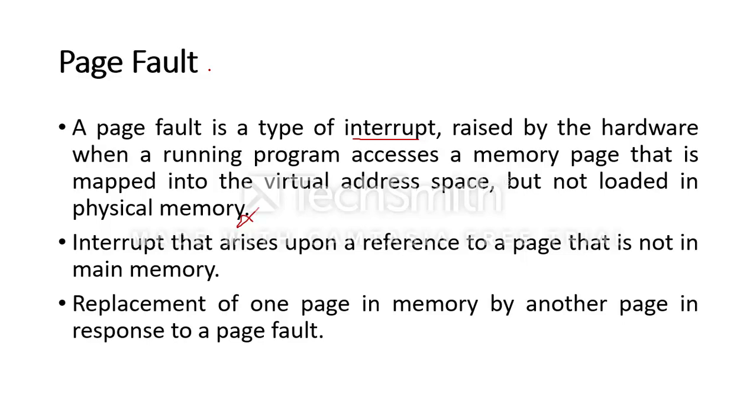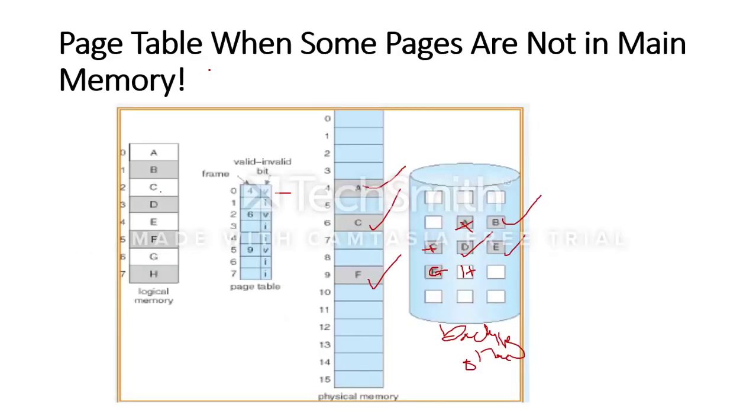So it's giving you that page fault. And it's arising upon a reference to a page that is not there in main memory. I think we rightfully explained that. And for you to remedy it, you now need to implement some page replacement. So that next time when you try to reference, definitely you'll find it in your main memory, in your physical memory, right?